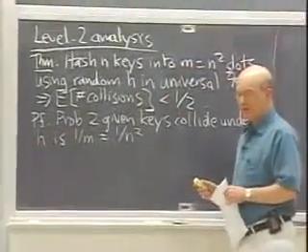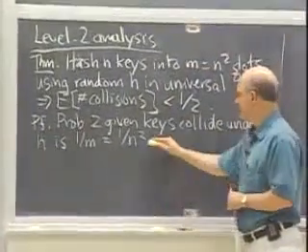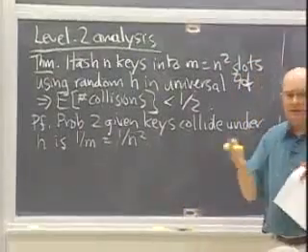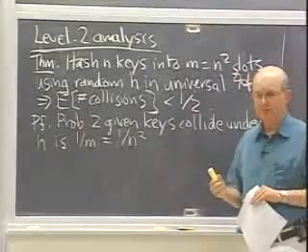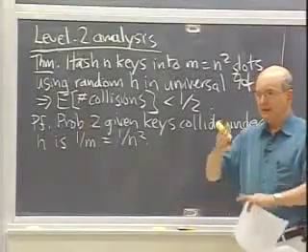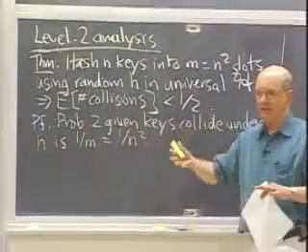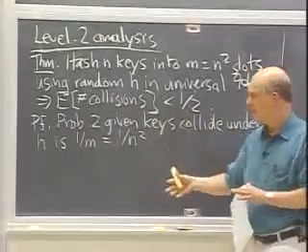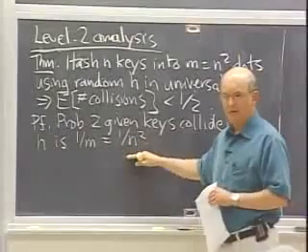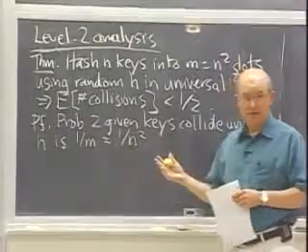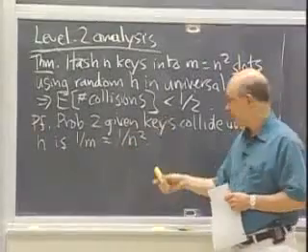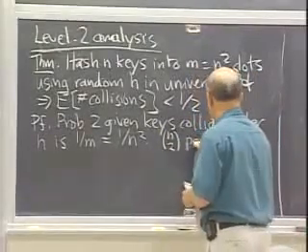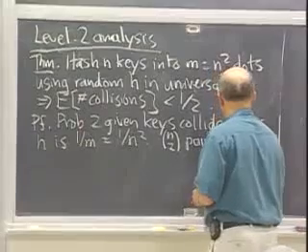Okay? So now how many pairs of keys do I have in this table? How many keys could possibly collide with each other? That's basically just looking at how many different pairs of keys I have to evaluate this for. So there are n choose 2 pairs of keys, right?